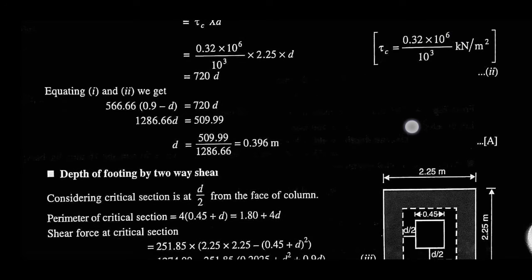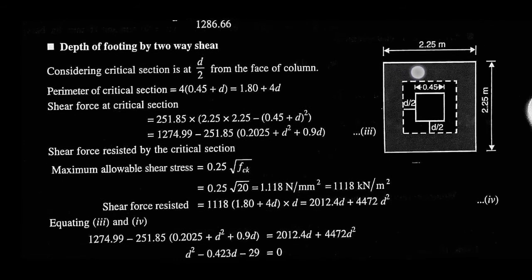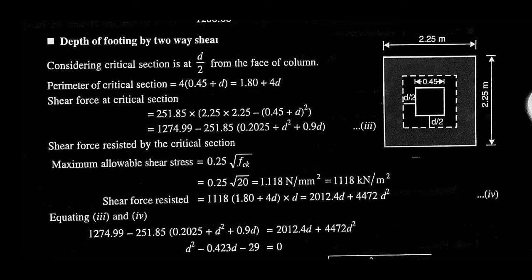Now next step, depth of footing by two-way shear criterion. This is also called punching shear. Now considering critical section is at distance d by 2 from the face of column.